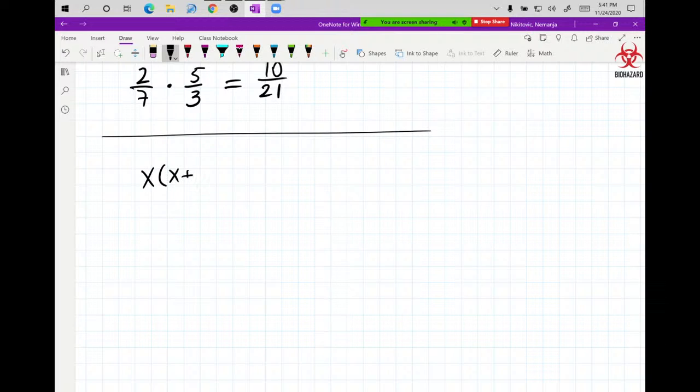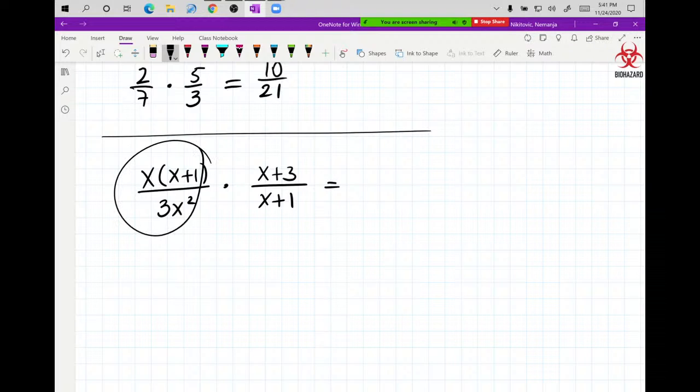So x plus 1 divided by, let's say, 3x squared times, let's say we have x plus 3 divided by x plus 1. So we hopefully see fraction times fraction. So that definitely fits what we are learning today.